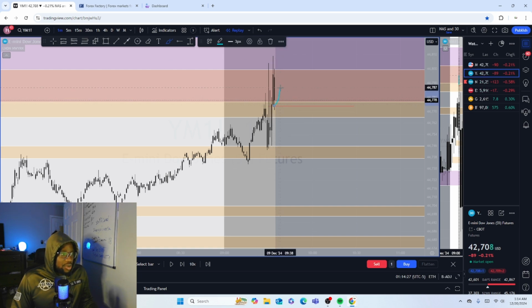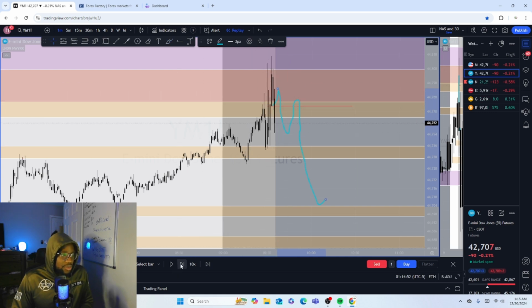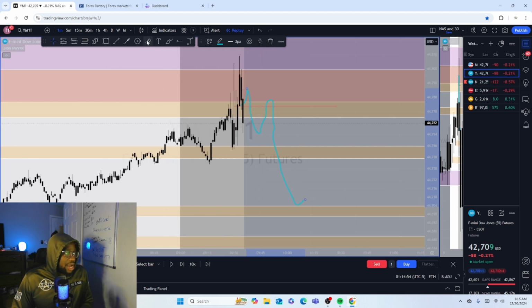I'm waiting for price to go up, come back down, create a bearish engulfing candle or bearish candles that engulf the last bullish candle for it to retest the area of interest, and then boom, we're taking it down. So you can see that this candle did not close underneath the body of this candle yet, so we'll wait. That was the one.